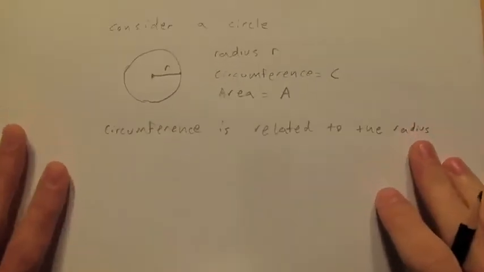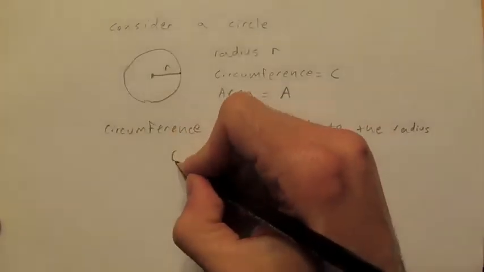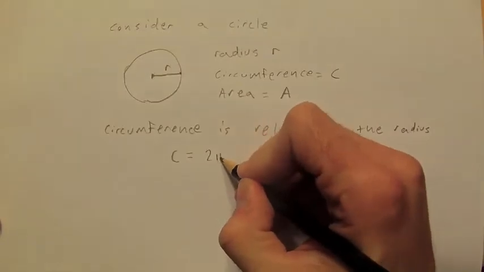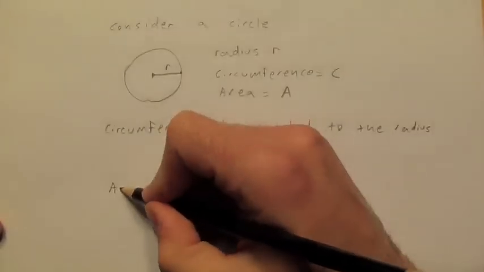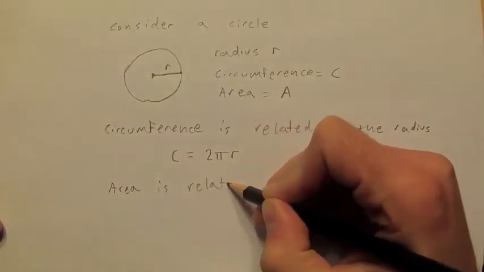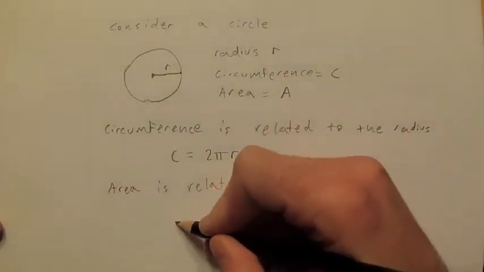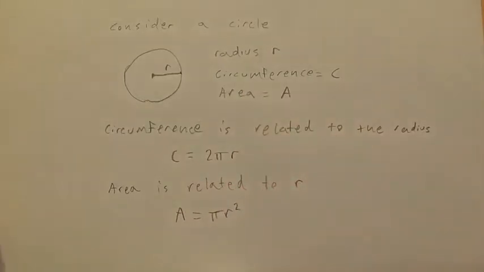Okay, circumference is related to the radius in the following way: C is equal to 2 pi r. Hopefully you know that. And area is related to the radius as area is pi r squared.